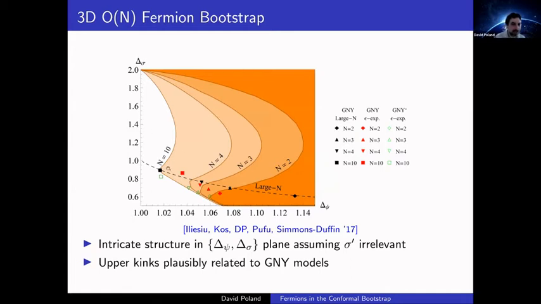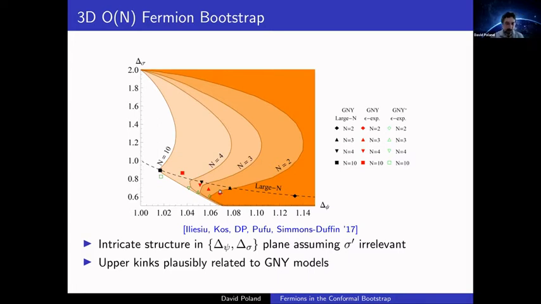At large n, they have a tip that matches nicely to the large n predictions. And at small values of n, you can compare where this tip is to predictions in the epsilon expansion, and you can also see that there's pretty good agreement. Our conjecture at the time, this was a study we did 4 years ago, was that the upper kinks that you can see in these waves are going to converge to the Gross-Neveu-Yukawa fixed points.